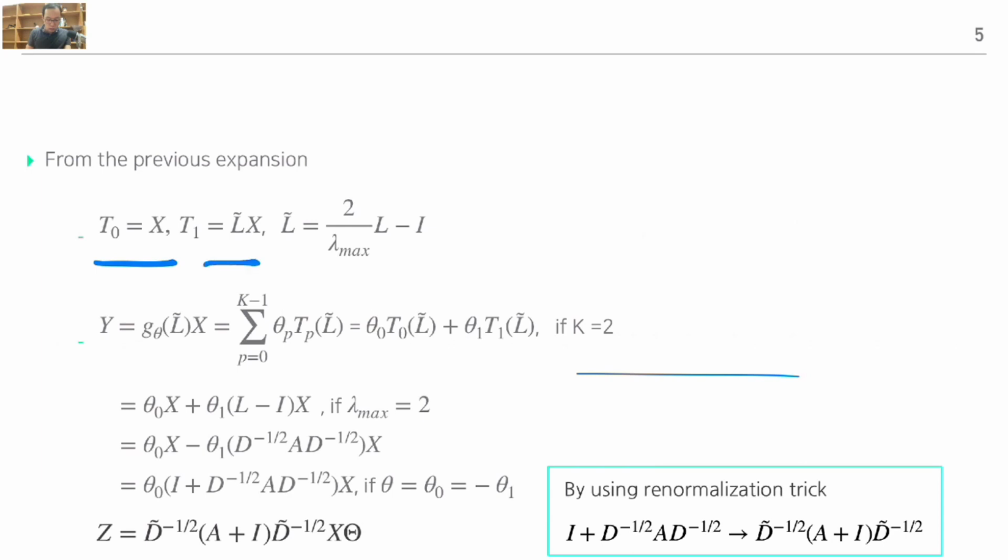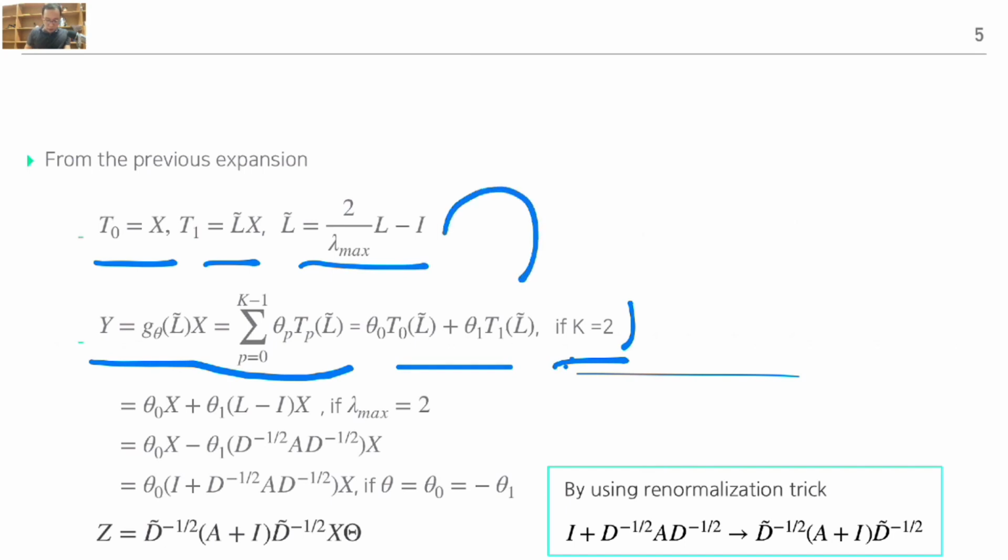So this one was from the previous slide, and once again we got this. Well, we assume K is equal to 2, and we got this. And from the initialization of T0 and T1, and we also assume that lambda max is equal to 2, we got this.